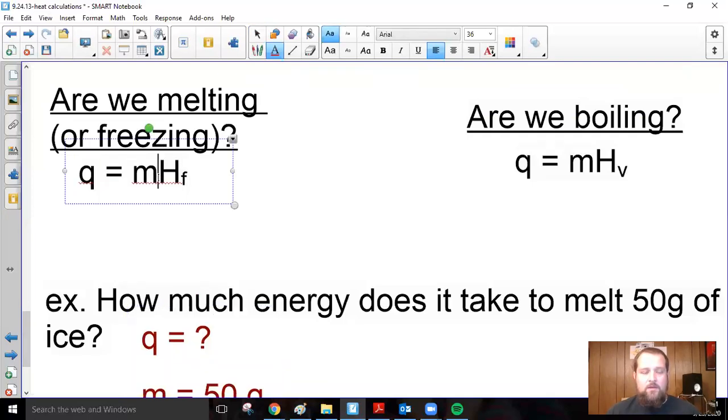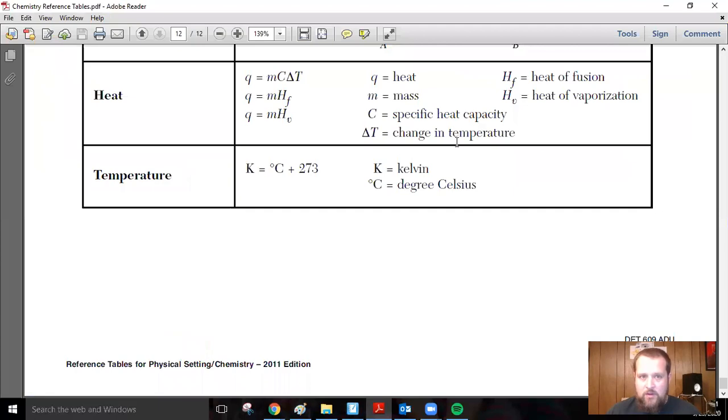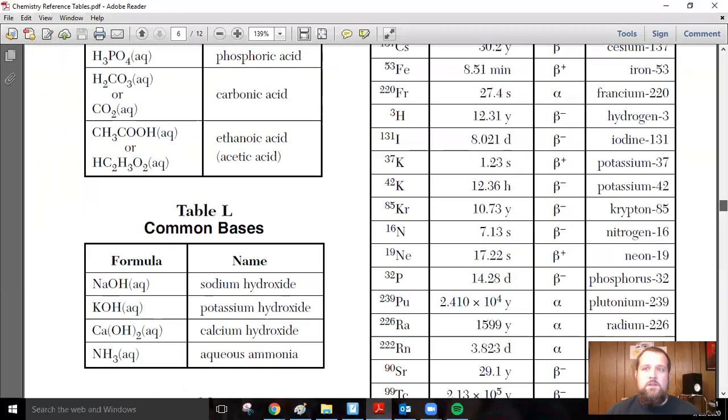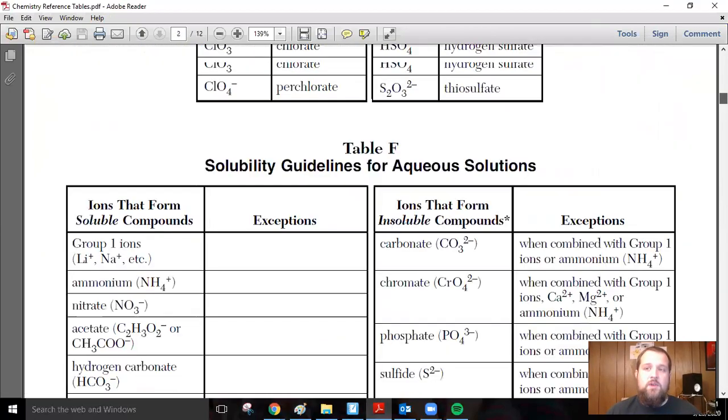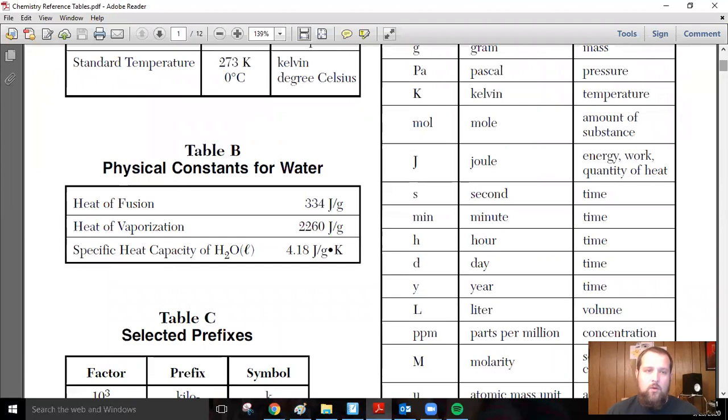The only thing we need to find is the heat of fusion. And once again, they don't tell us that in the question. So where are we going to get the heat of fusion from? The clue is that it's melting ice, so we're talking about water. We're going to go back to our table on the front, table B, that has the heat of fusion and the heat of vaporization.